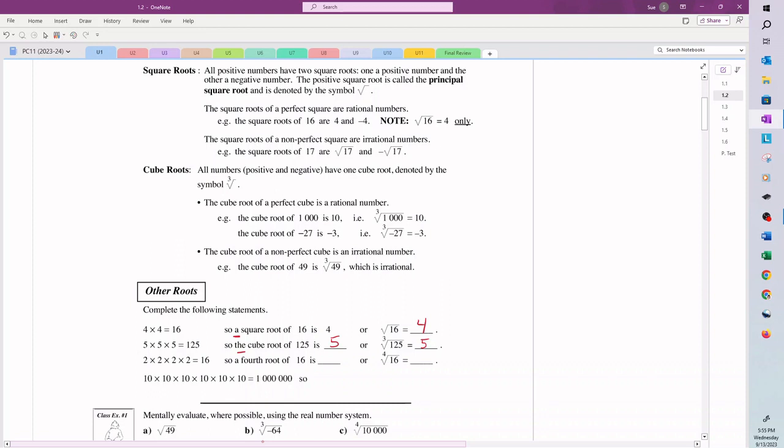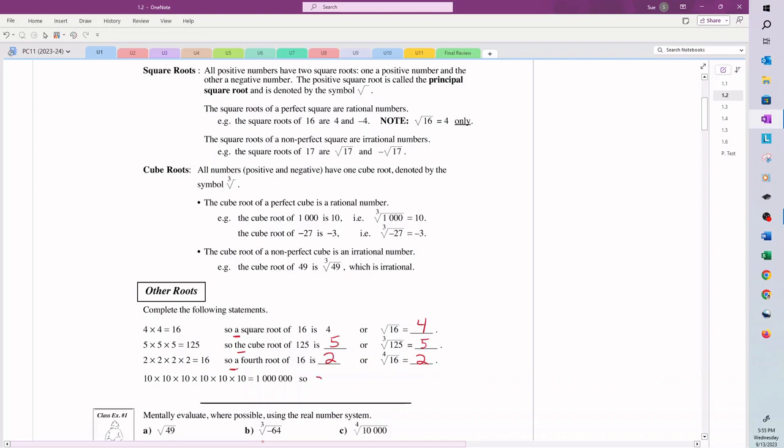And for 16, 2 times 2 times 2 times 2 equals 16, so a fourth root of 16 is 2. And so the principal fourth root of 16 is 2. And here we have 10 times 10 times 10 times 10 times 10 times 10 is 1,000,000.